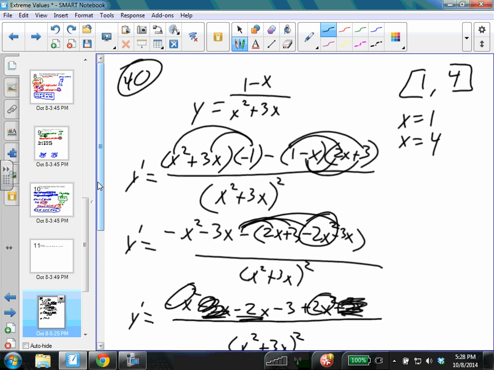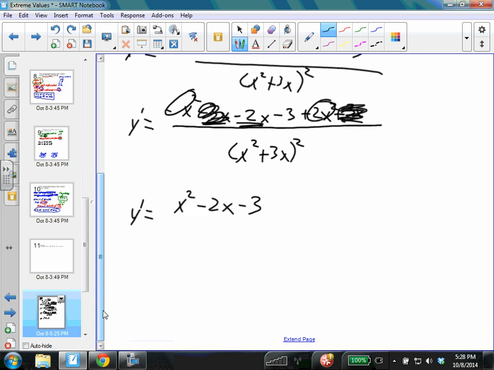So negative, negative, minus that stuff, 2x plus 3. Okay. All over x squared plus 3x squared.